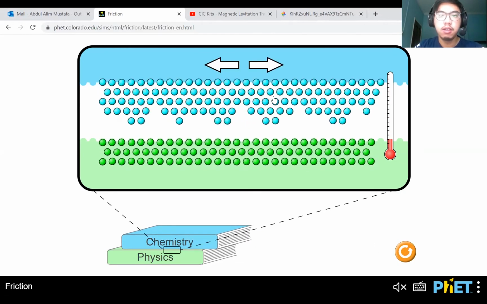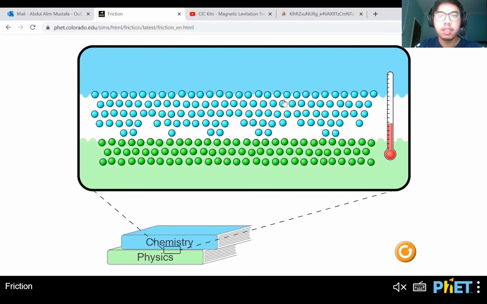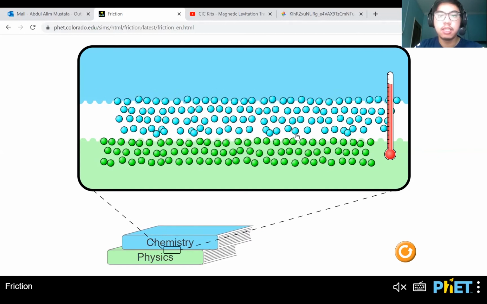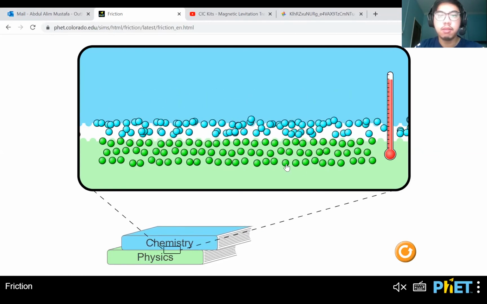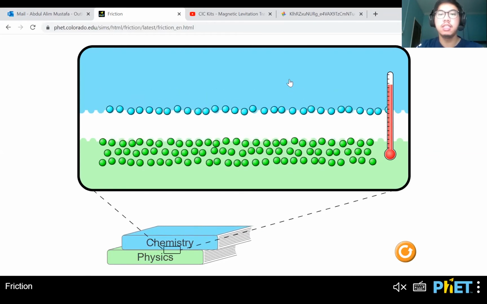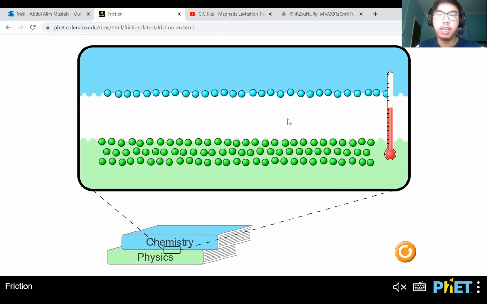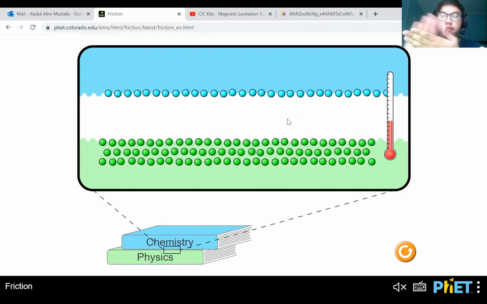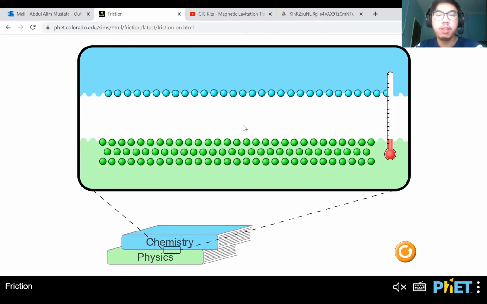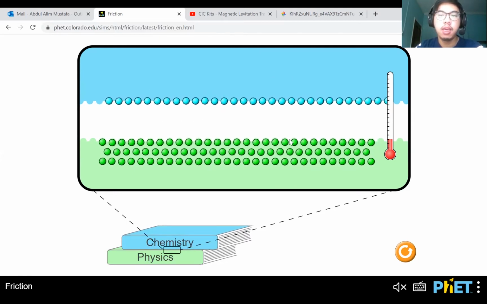So let's redo that again. As you can see, as you rub them against each other, the atoms will gain heat energy. And as you can expect, when you rub things together, the surface will become much more worn out. That's why we lose a bit of atom when we rub them together just now.